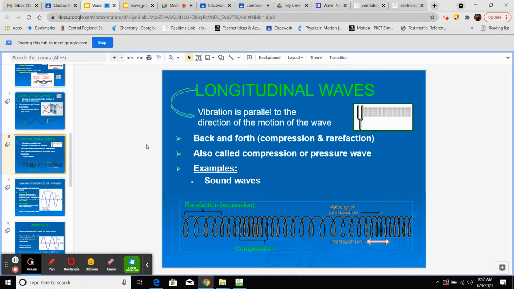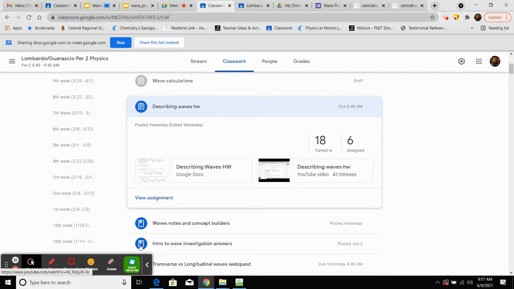Then I walked through the whole worksheet as well. So if you do watch that video, it will also go through how to complete the whole worksheet. So there shouldn't be any excuses not to turn that in.